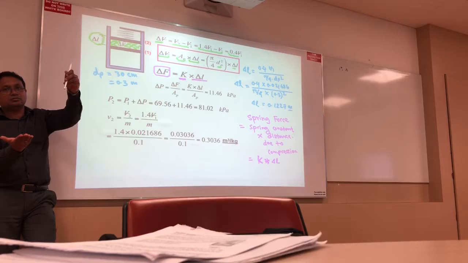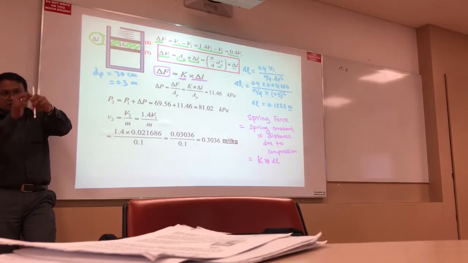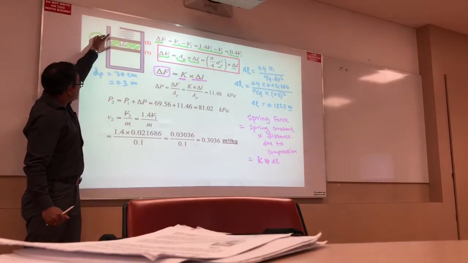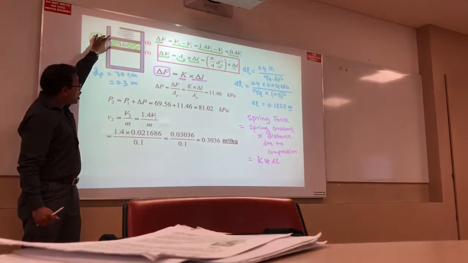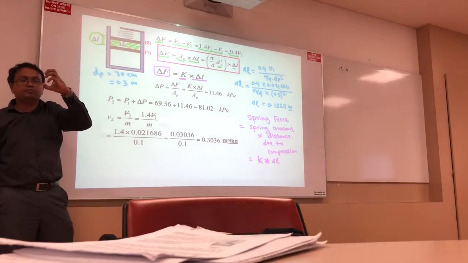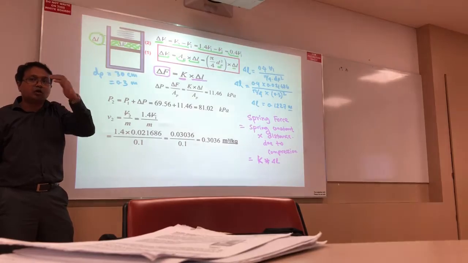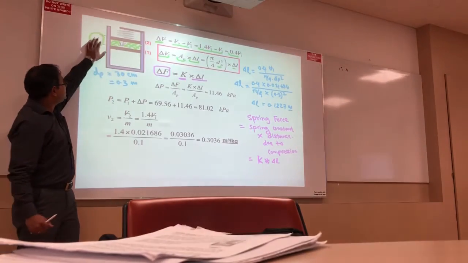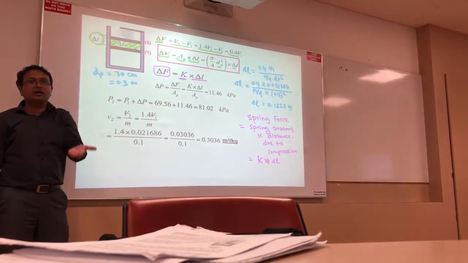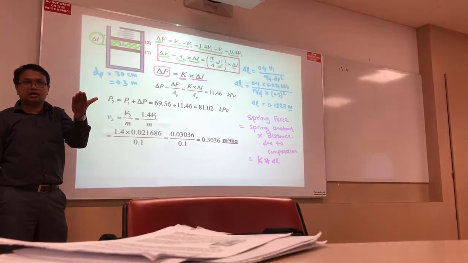What is the force? 1 meter square times 200 kilopascal. This is the force. Exactly, I do the same thing. This amount of force is created on this base area. How much pressure is created? Delta P pressure is created on area AP. Understand?